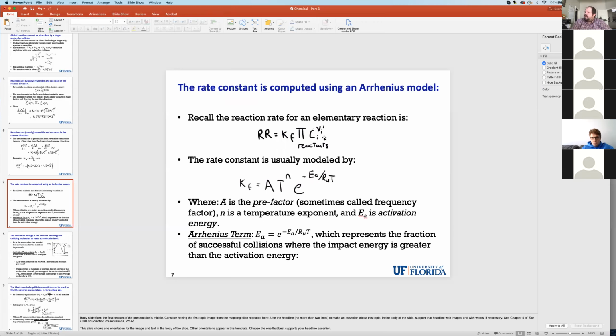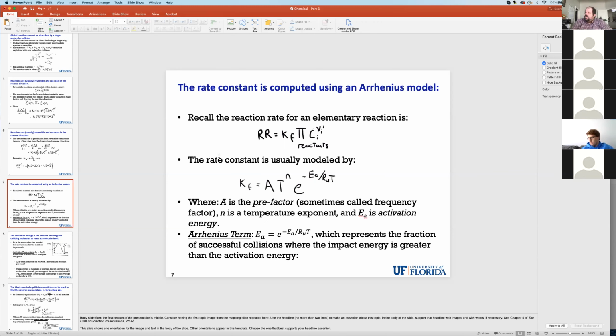And again, I am interchanging the square bracket notation and the C notation here, mainly just to get you used to that. You will commonly see both notations used in the literature, like say, Stephen Turns' combustion book uses square brackets, and Ken Kuo's uses the C's. So you just have to get used to seeing both.